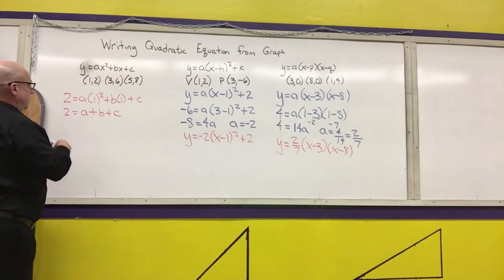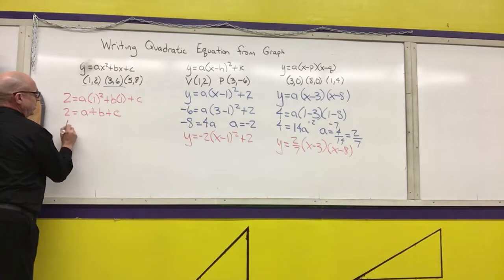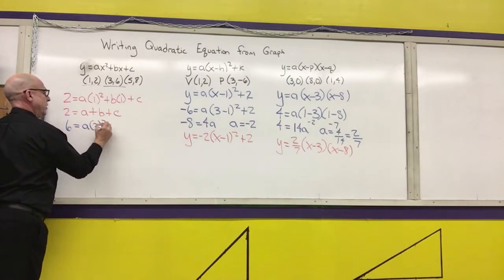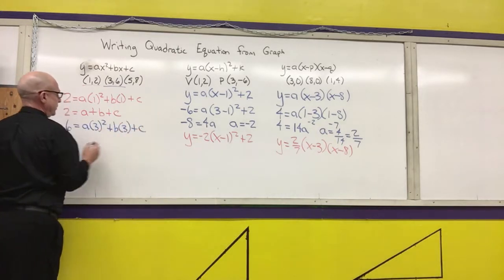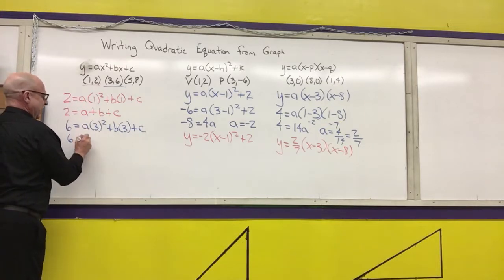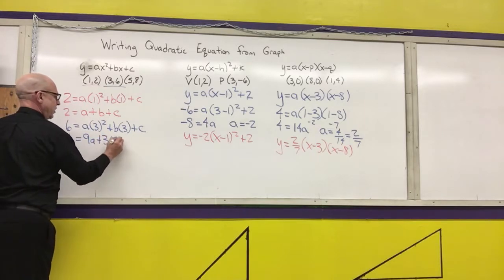I do the same thing for the second one. 6 goes in for y equals a times 3 squared plus b times 3 plus c. 6 is equal to 9a plus 3b plus c.